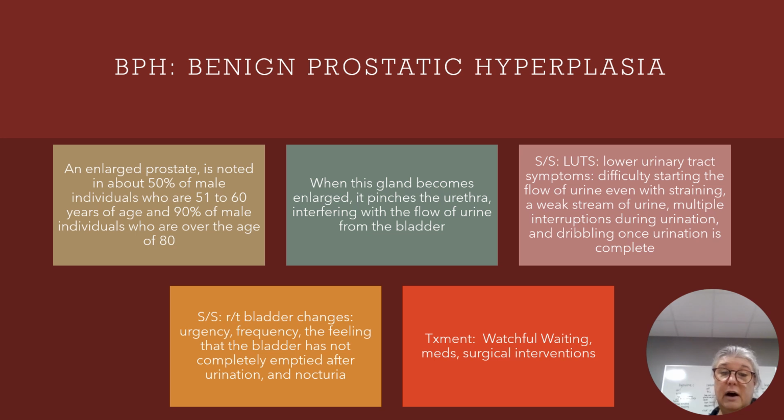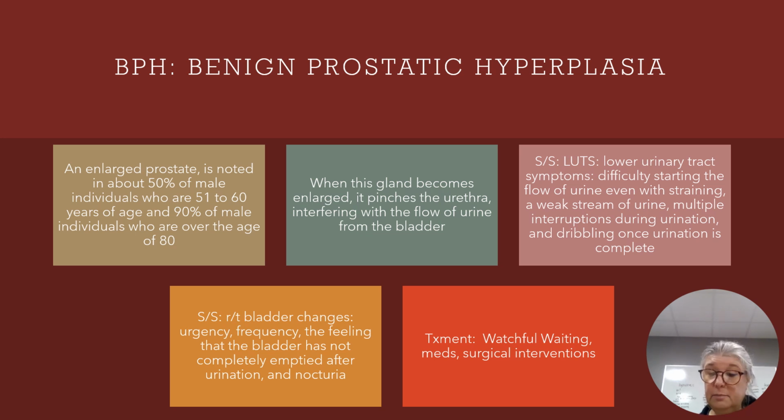It's noted in about 50% of males who are 51 to 60, and then 90% of males who are over the age of 80. I always say when you are dealing with a male 65 or older, assume they have at least the beginnings of BPH, all right?